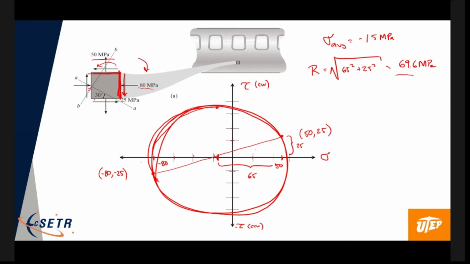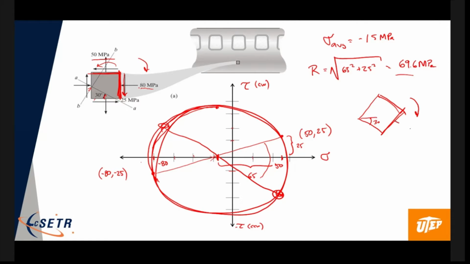If we wanted to figure out this 30-degree rotation, we want to get the stress components at 30 degrees. The way it's shown, we're actually rotating it negative 30 degrees, so we would rotate this negative 60 degrees on the circle, about there. That gives us the components on the new face.